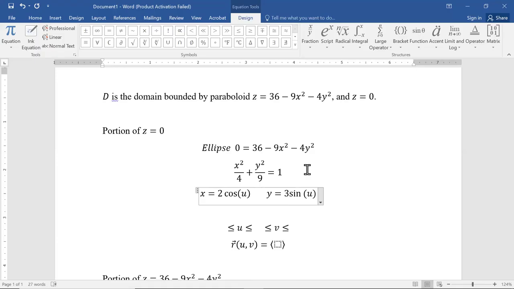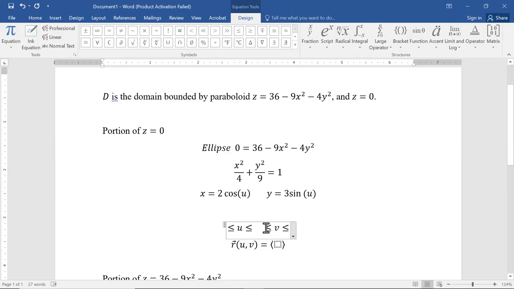That would give us the boundary, but we want the entire interior of that. So we basically want to go from the exterior boundary all the way to the point 0, 0.